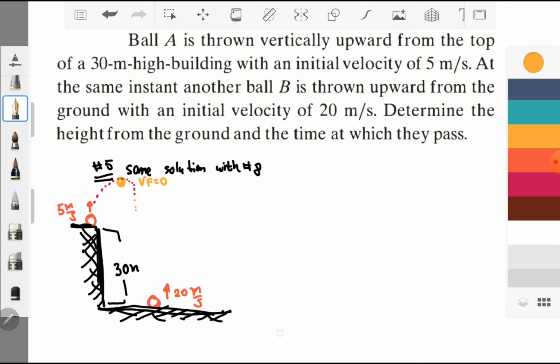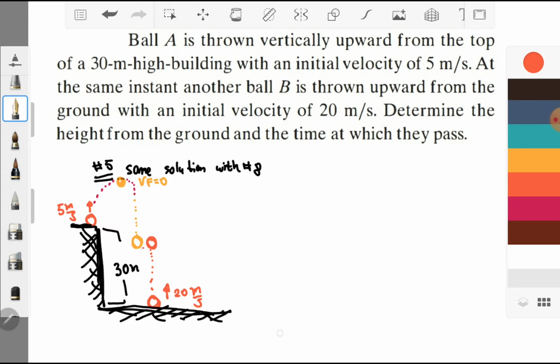And then it will start going down. At an instant, this ball is also going up. Until they meet each other. Okay. So how will we solve this problem? So there will be two methods that we would use in solving this problem.